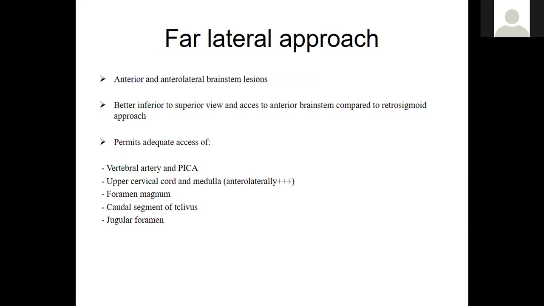So it is mostly recognized, especially with the anterolateral medullary lesions. It permits adequate access to the vertebral artery, the posterior inferior cerebellar artery, the upper cervical cord, and the medulla, mostly anterolaterally, the foramen magnum, the caudal segment of the clivus, and the jugular foramen.